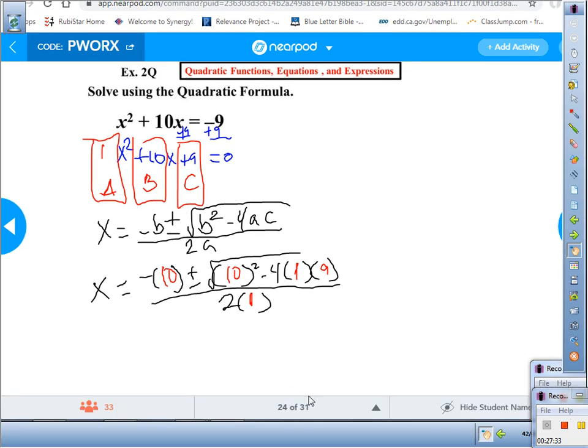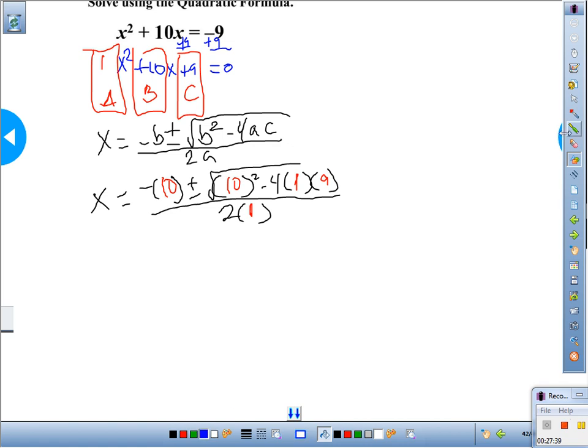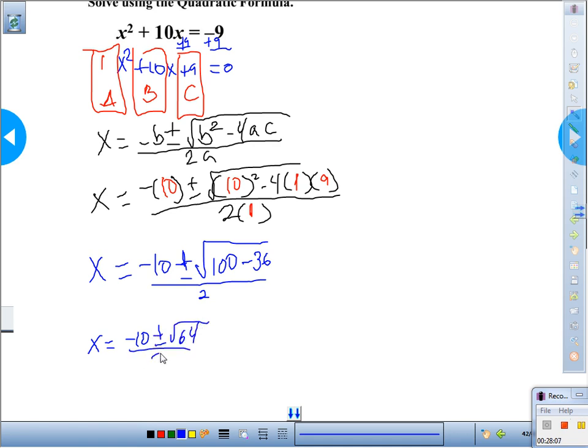And continue. I'm going to simplify and solve. Here we go. X equals negative 10 plus minus square root. What is 10 squared? 100. All right. Minus 36 over 2. X equals negative 10 plus minus square root 64 over 2.